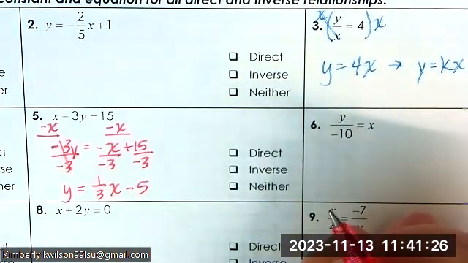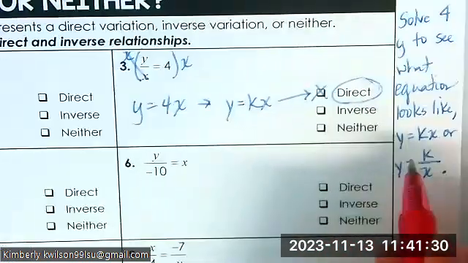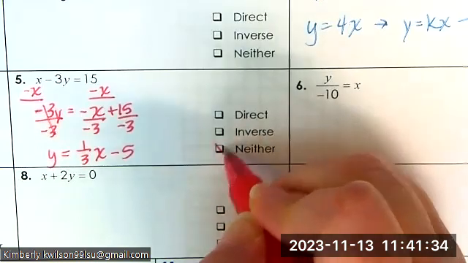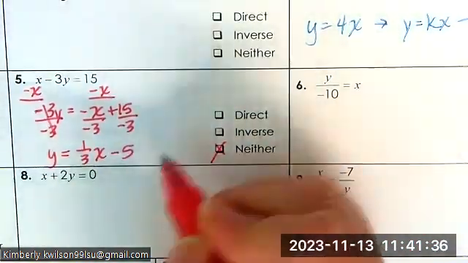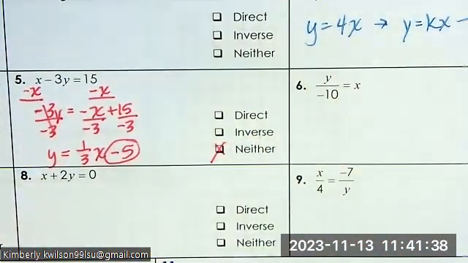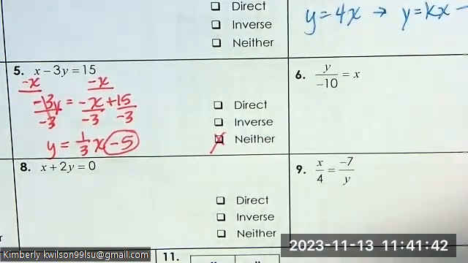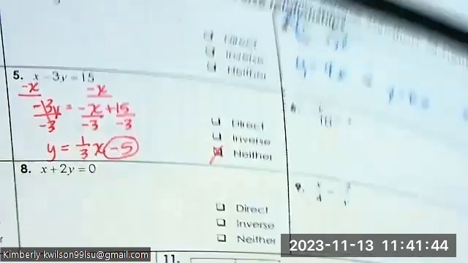Now, this does not look like y equals kx or y equals k over x. So therefore, this one is neither, and it's easy to tell right off because it has the plus or minus. It has the y-intercept.